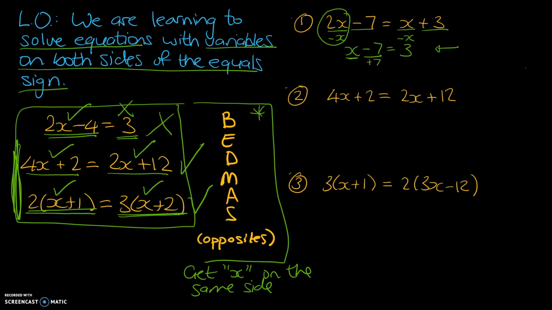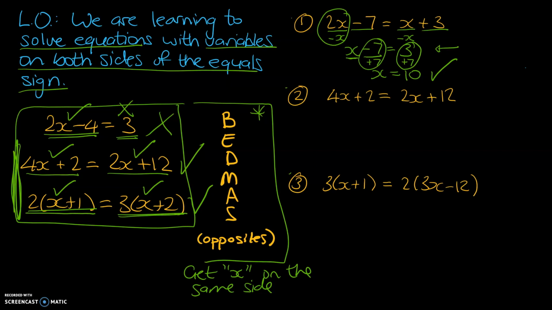Because we've done it to that side, we must do it to the other side. We can then simplify our line of working. That x has been unchanged, so we put an x there. Negative 7 plus 7 comes to 0, so we can ignore that. And we've got 3 plus 7, that becomes 10. If we get to that step, that's our final and correct answer.